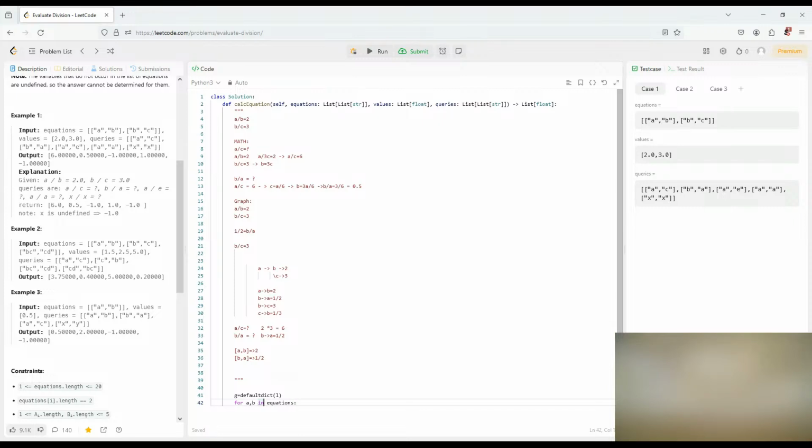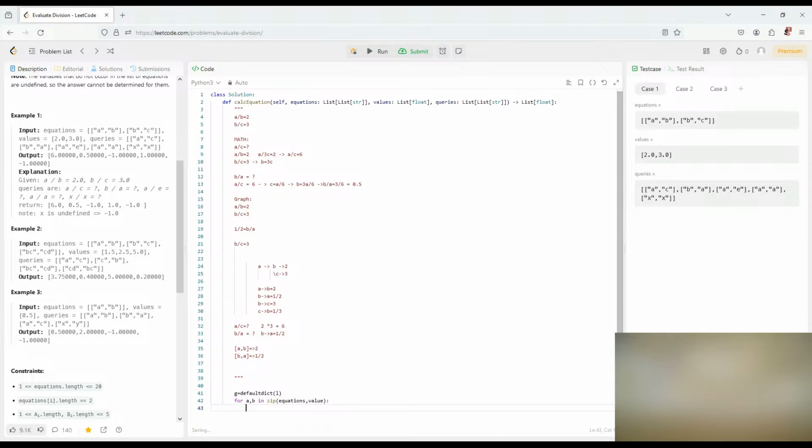I know there is a zip thing in Python, so it can zip together. But let's try this.